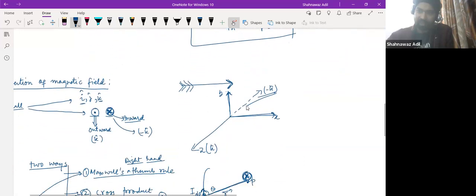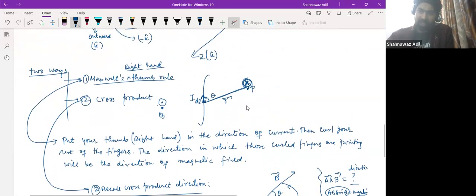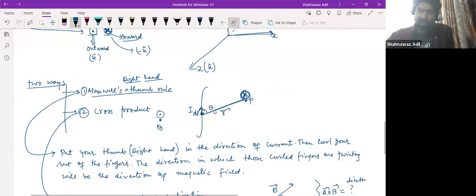So let us look at this. What is the direction of dl? This is the direction of dl, and where is the r vector? That is on the right hand side. If you use this cross product, what is the direction that you are getting?